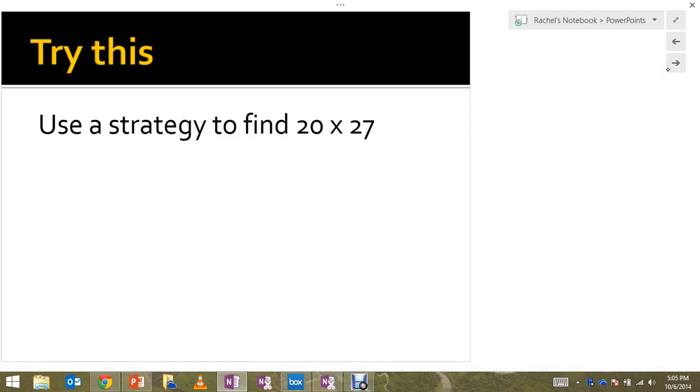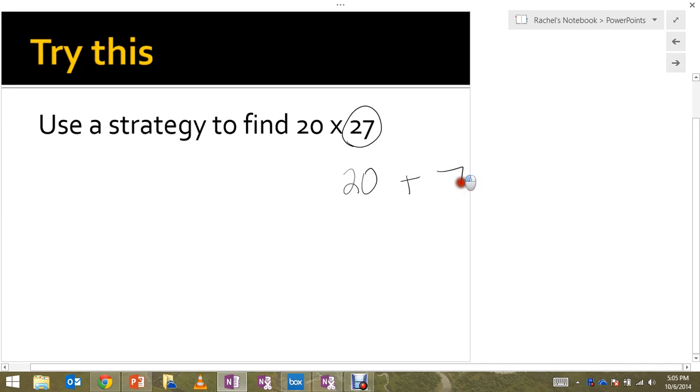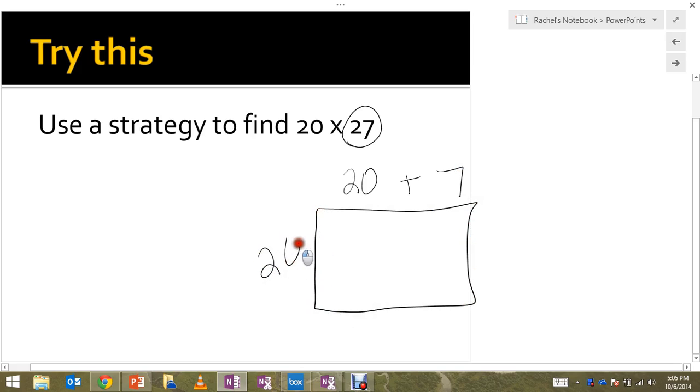Students then, after looking at some strategies we've seen in chapter 2, went on to solving 20 times 27. Now, 20 times 27, we can think of 27 as 20 plus 7. And we can use our area model that we used in chapter 2. By breaking up that one factor, we can look at patterns with a basic fact. 2 times 2 is 4.